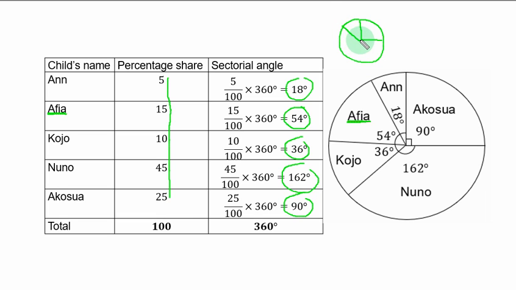So Afia is 54, Kojo is 36, and the remaining one is for Nuno, 162 degrees. So this is the pie chart representation of the man's children.